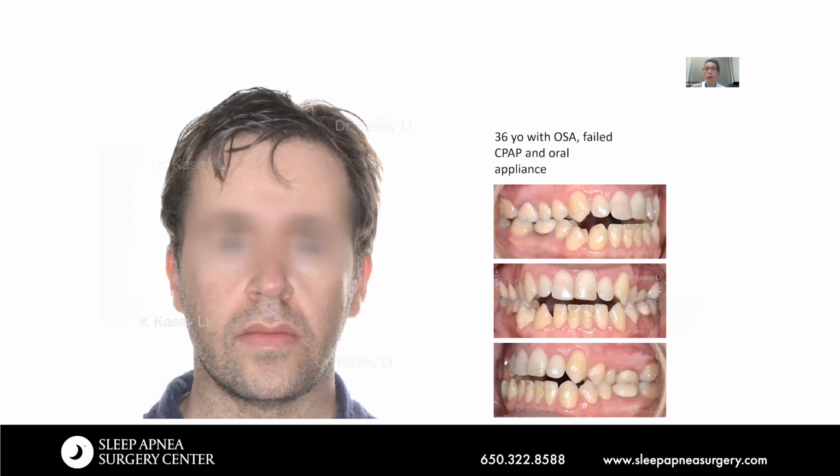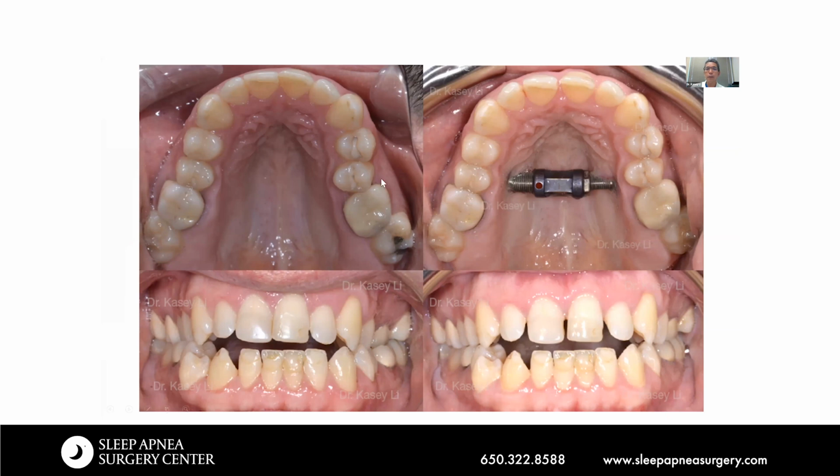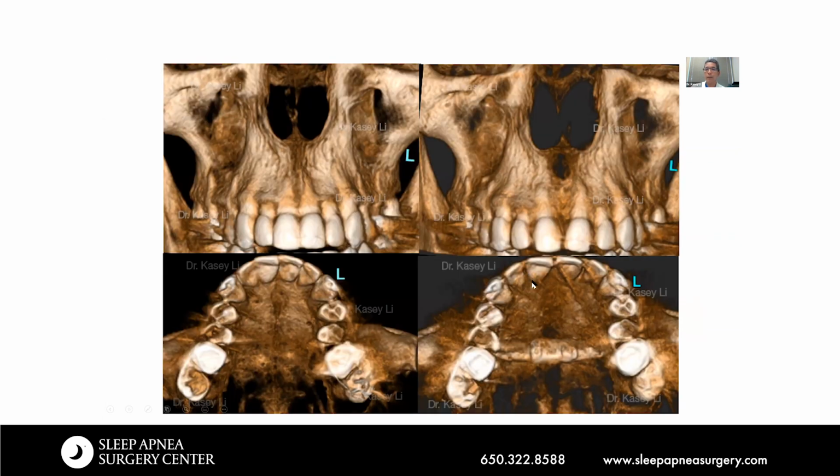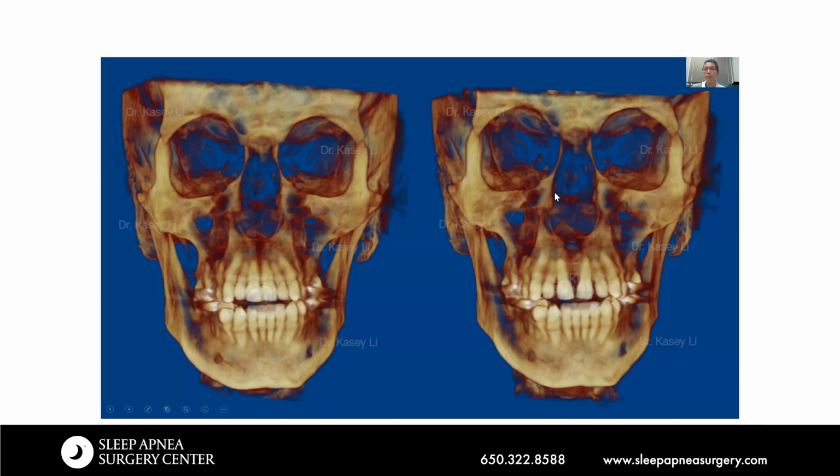37-year-old failed CPAP and oral appliance. You can see that his maxilla was significantly expanded. It's a very large expansion, probably about, I don't know, 6, 7, 8 millimeter expansion on the bone. You can see the changes in terms of the nasal cavity, okay?